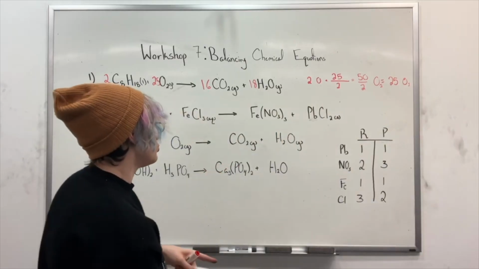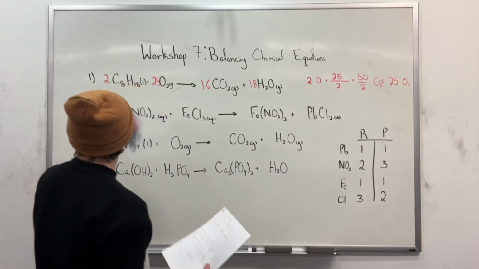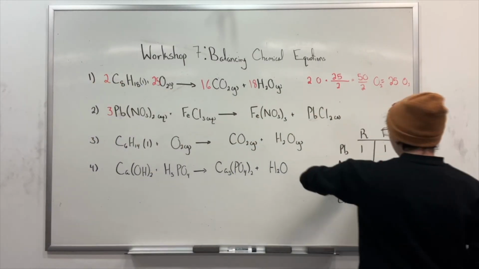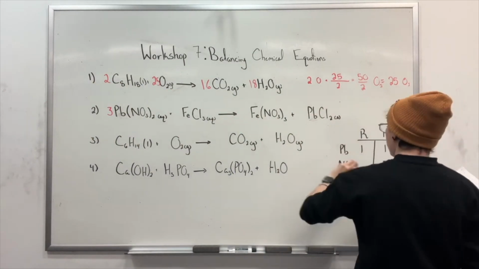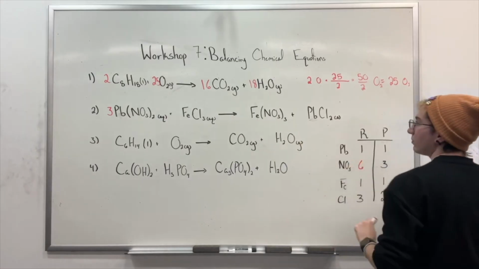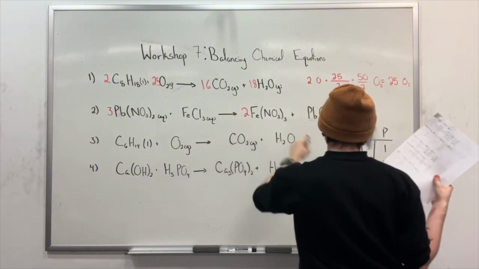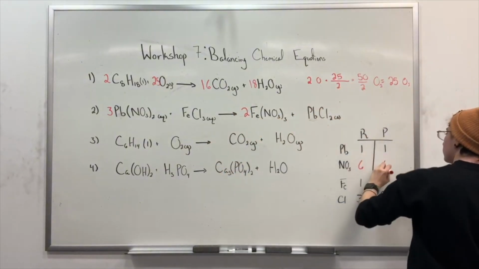If we have 2 nitrate on the reactant side, we can multiply our lead nitrate by 3, and that would give us 3 times 2, 6 nitrate. And we can do the same thing here. We can multiply our iron nitrate by 2. 3 times 2 would again give us 6.